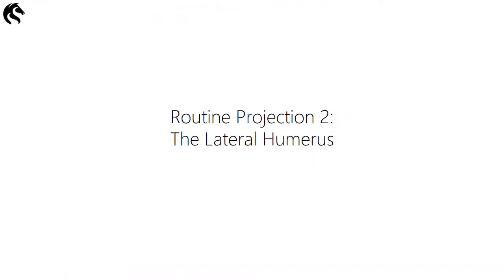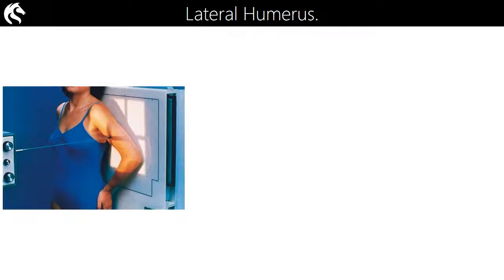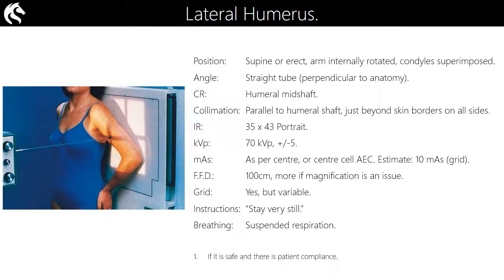Now the lateral. The position that you can see in front of you there is very, very similar to the AP, but essentially the entirety of the arm has been rotated into a lateral position. Now that looks quite uncomfortable for the patient, and indeed is a fairly uncomfortable position. It's quite hard to maintain that position, and you'll notice that while the patient's elbow is close to the image receptor, the patient's shoulder by necessity is being pushed away.